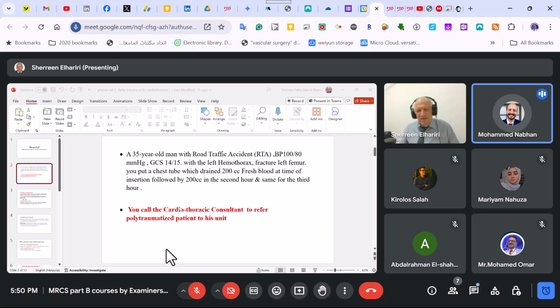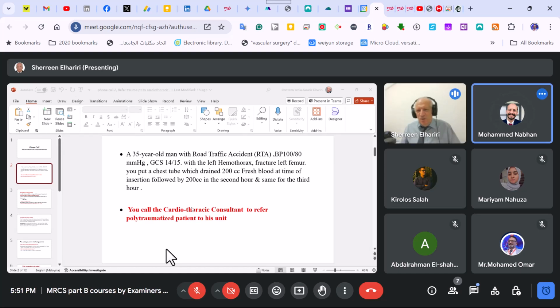If the patient is drawing out 200 milliliters of fresh blood each hour for 3 successive hours, it is an indication of thoracotomy.